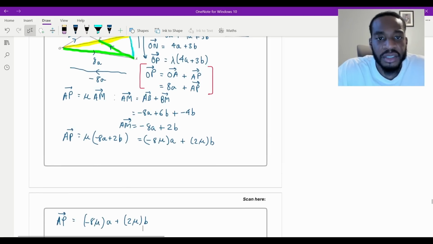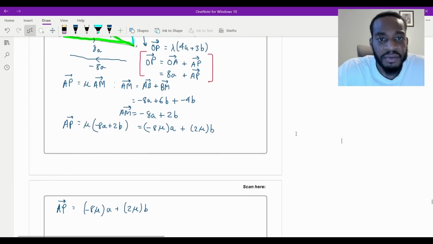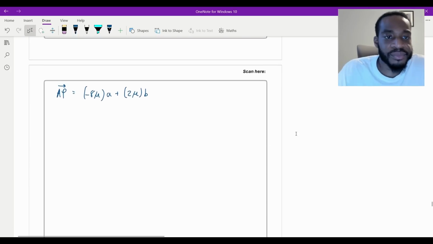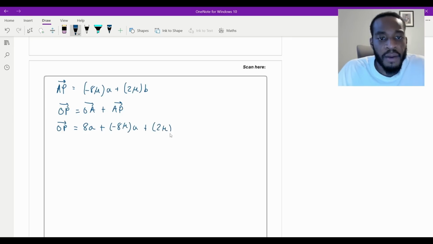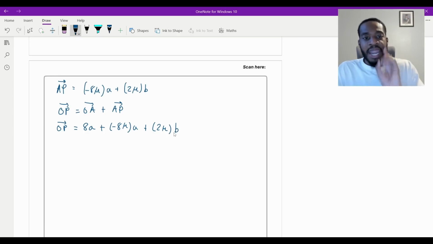So O to P is equal to O to A plus A to P, and we now know what A to P is. It's that up on top. So O to P is equal to O to A, which we know is 8A, and then plus these two, minus 8 mu A plus 2 mu B. Perfect.